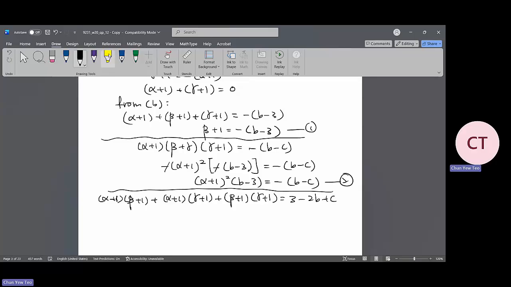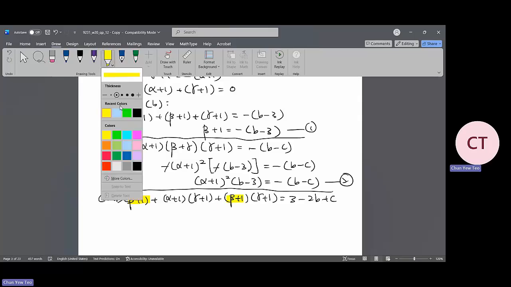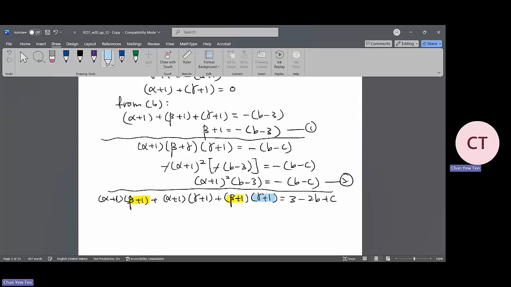Okay, then you can see that we have a common factor, and when we factorize it out, you will get this result. So you can see that you have beta plus 1 times alpha plus 1 plus gamma plus 1. Then this one, it will be negative.